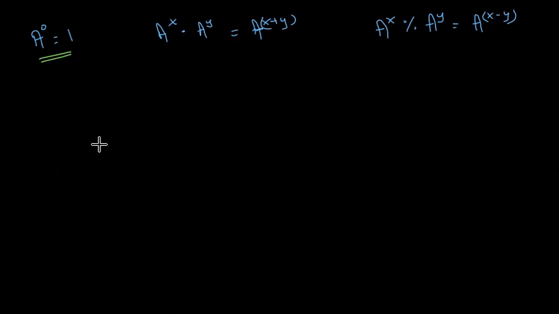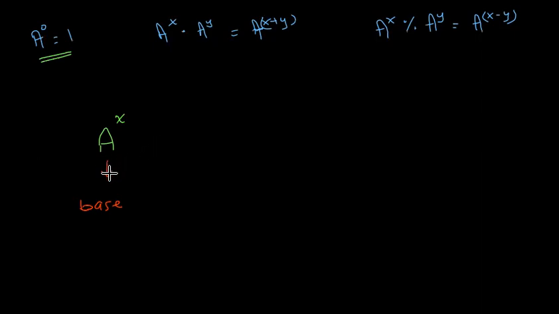Before I get into that, let me just do a quick review of the semantics here. Where you see something that looks like this, a to the x, a represents a base. That could be anything, it doesn't have to be a. This is just a placeholder. It could be 4, it could be -2, it could be 1,000, it could be another variable.